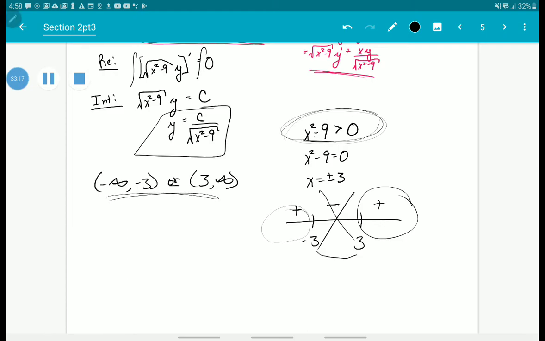These two put together is not a continuous domain, but this piece is certainly continuous and this piece is certainly continuous. So that's why we have to have an or there. And in fact, if we wanted to, we could just say this will work from 3 to infinity.